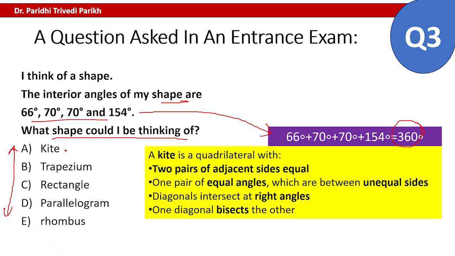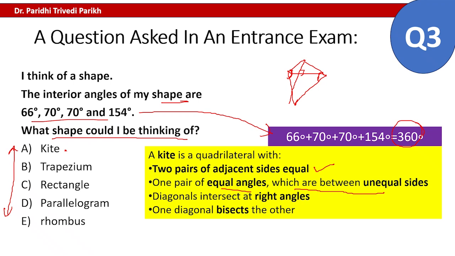So I'm taking kite. Kite is a quadrilateral with 2 pairs of adjacent sides equal, 1 pair of equal angles which are between unequal sides. That means this angle and this angle will be the same. Diagonals intersect each other at right angles, okay? Like this.